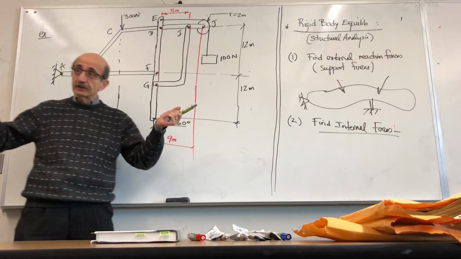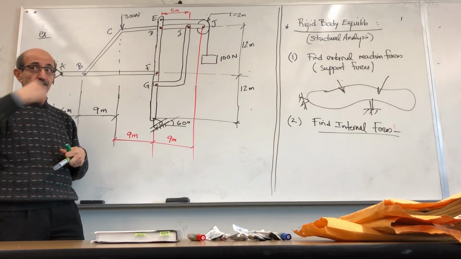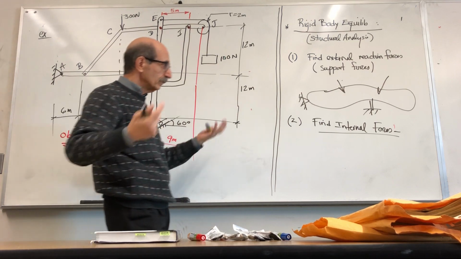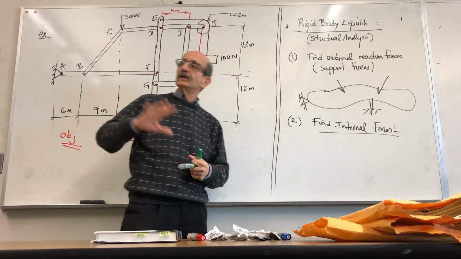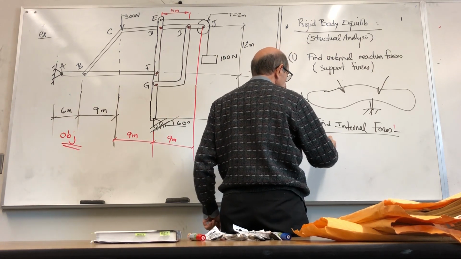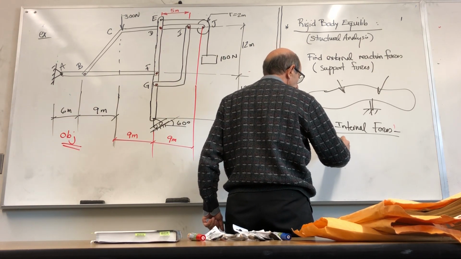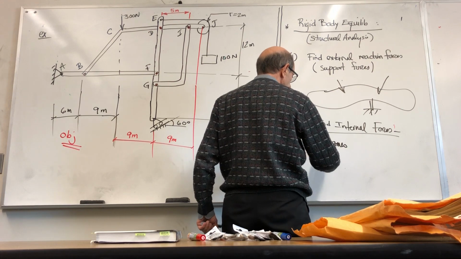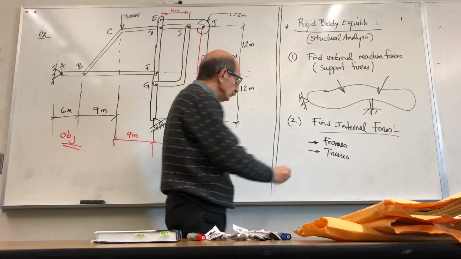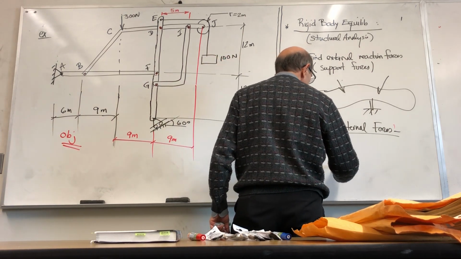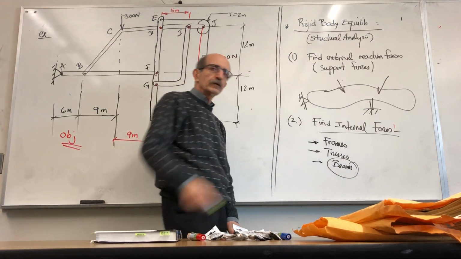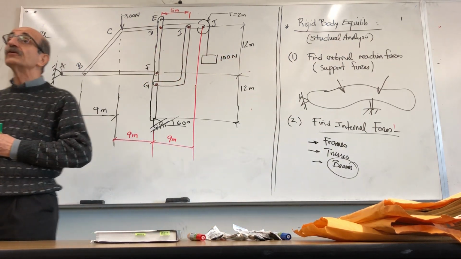Some schools in statics cover a third type of structure, which I wish we did too. In my previous lives, I always did that. But what we do here at Cal Poly, at least, is we study frames, and I will explain what those are, and trusses, and we do not study beams, which is a different type of structure or piece of the structure.